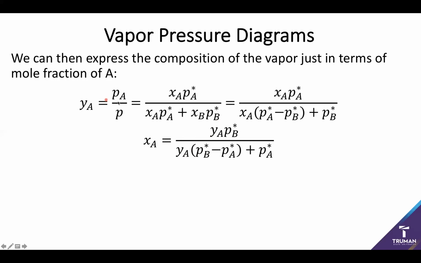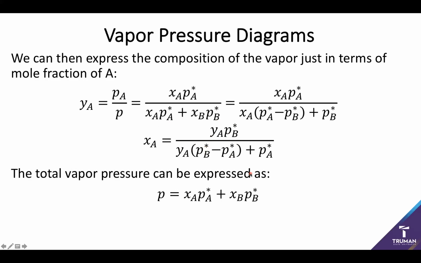So there's a tight relationship between the composition of the liquid and the vapor, and it's essentially modulated by the vapor pressures of the pure A and B phases. And again, all of this assumes an ideal mixture.